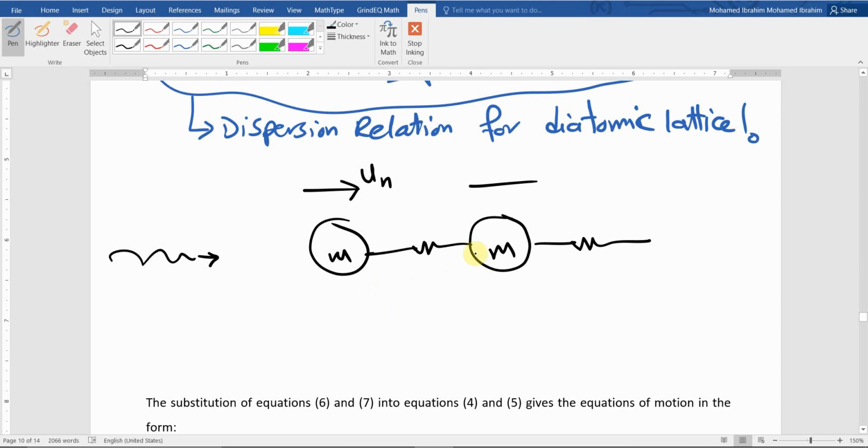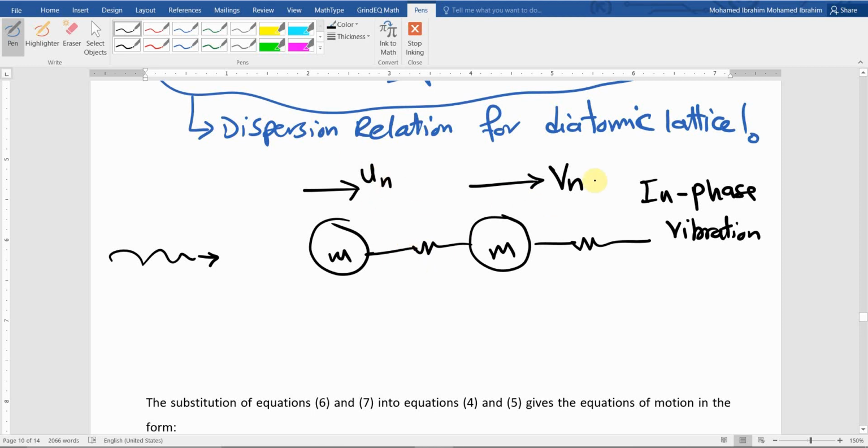So these 2 atoms can vibrate in phase, which is known as in-phase vibration. What does that mean? This is one mode, one way of vibration, where the 2 atoms vibrate in the same direction, so the displacements un and vn are in the same direction, but not necessarily equal.